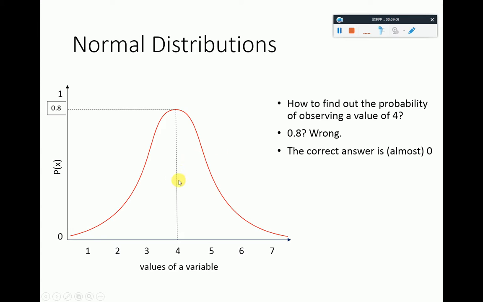You might say that a very large or very small value is close to 0, but there's no way that finding a value of 4 is 0, because you do have a height, right? You do have a difference, for example, between this point and this point. It can be. Well, it actually is.